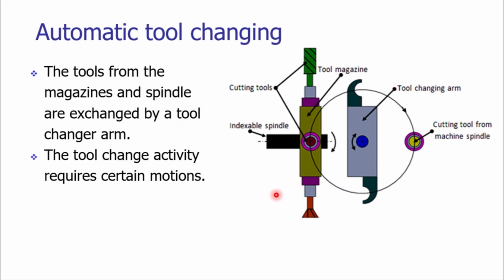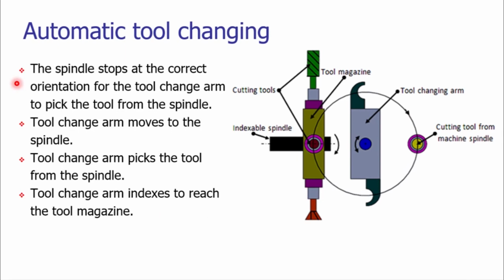To carry out the tool change operation, we need to go through certain motions. So let us see what these motions are. It is essential that the spindle should stop at the correct orientation for the tool change arm to pick up the tool from the spindle. So what is the first motion?